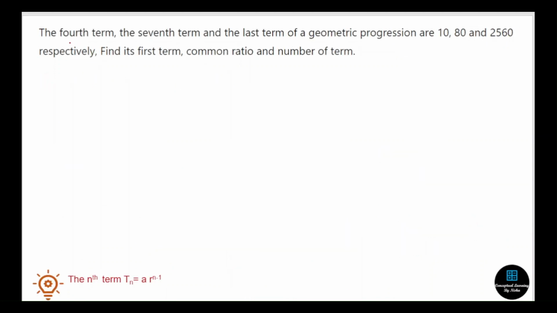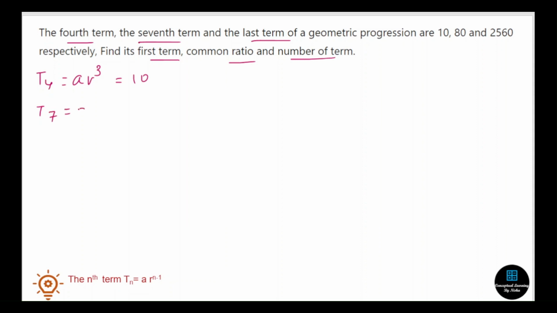Now the fourth term, seventh term and the last term of the GP are 10, 80 and 2560 respectively. We have to find the first term, common ratio and number of terms. So remember Tn equals to A r raised to n minus 1. So we'll use it. So T4 equals to A r cube, which is 10.